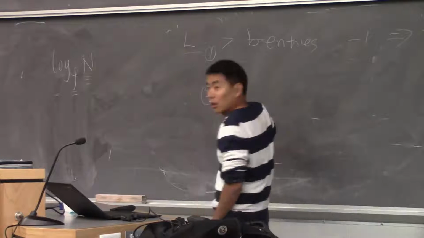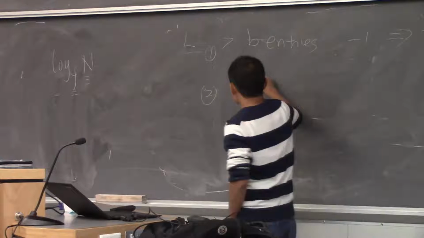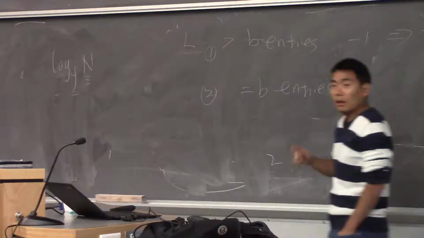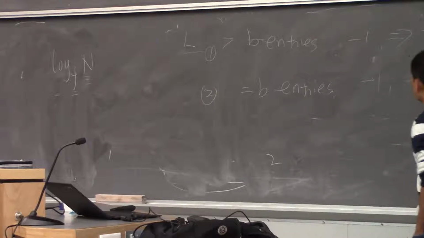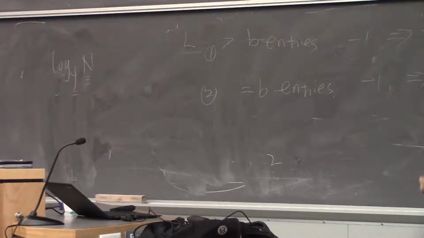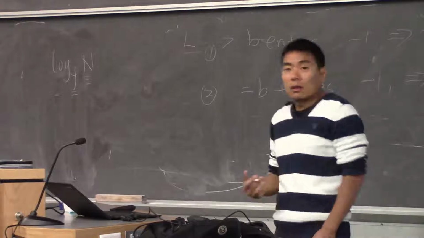Case 2, it has exactly B entries. Now if you subtract 1, what does that imply? Now it's strictly less than B, which is underutilized. This is the case you need to deal with. So how do you deal with this?